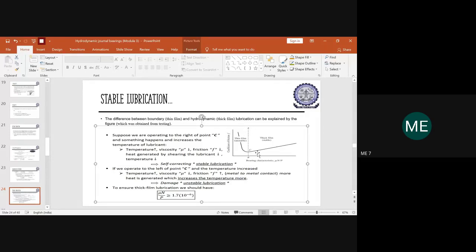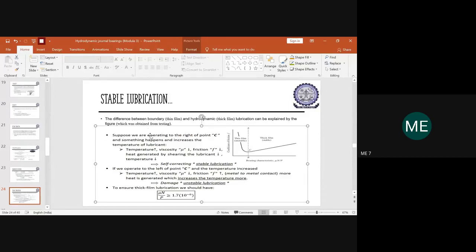Here is the value of C, the clearance value. Before and after the clearance value, the lubricant film will be unstable or stable, and that is what you have to understand.